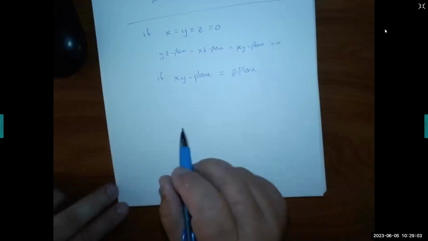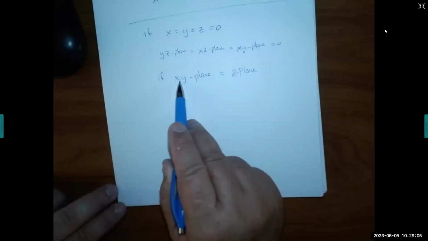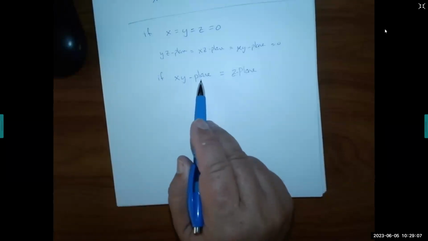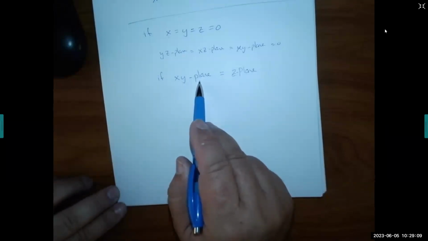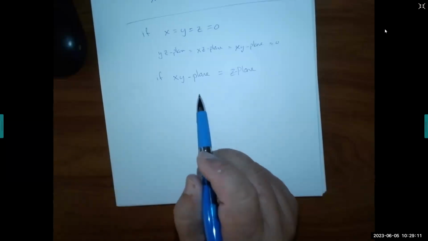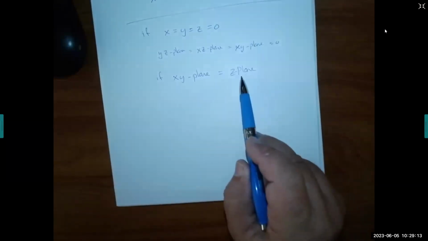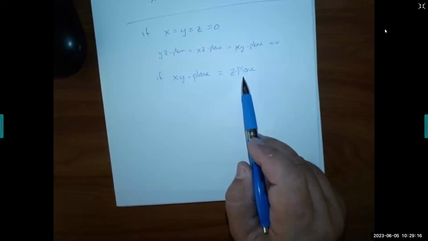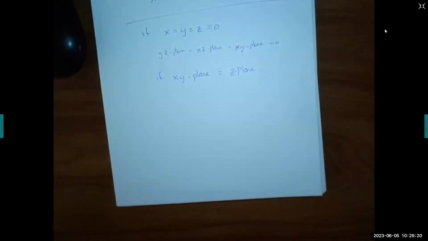What's that? If I had the XY plane, what does the XY plane look like? It's a flat, yes, 2D plane. What does the Z plane look like? It's the vertical. So it's that flat 2D space going up and down.